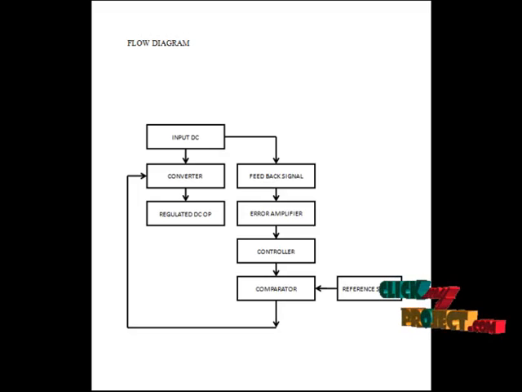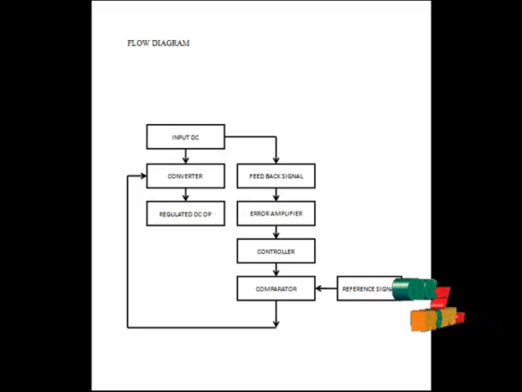To activate the switching devices, it gets the error signals, which are generated from the input unregulated DC source and from the converter output at the load side, and this error signal is fed first to the error amplifier. At the output of the error amplifier, it gets the controller output.